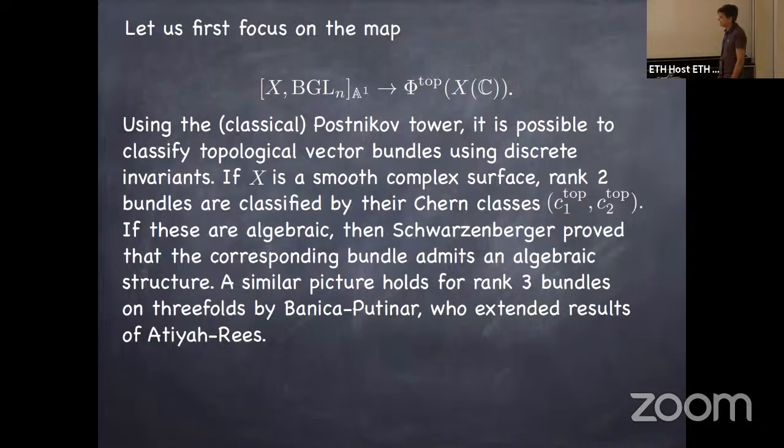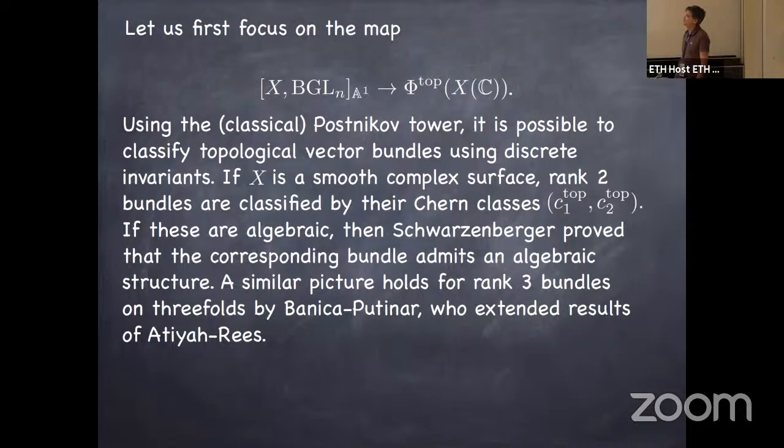You can try to run the same thing. So if you go to threefolds, and you want to classify rank 3 bundles, then you do exactly the same. If you work on the left, then you use your Moore-Postnikov tower, and you see that Motivic rank 3 bundles are just classified by three Chern classes, C1, C2, and C3, subject to a condition linking C1, C2, and C3.